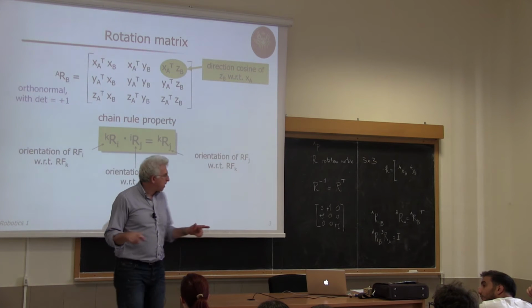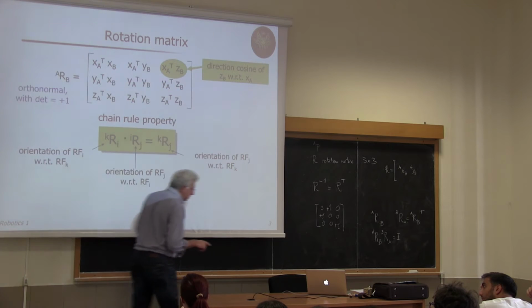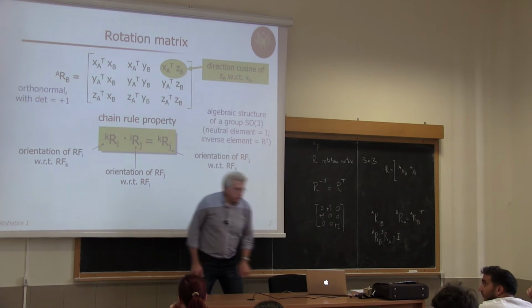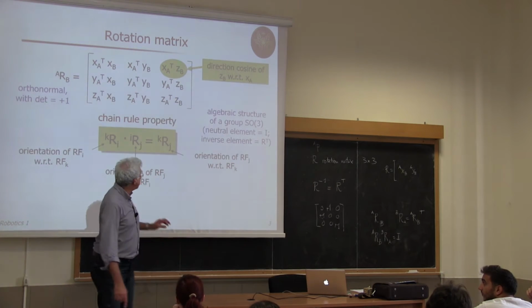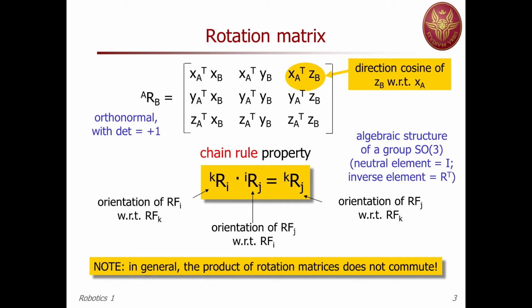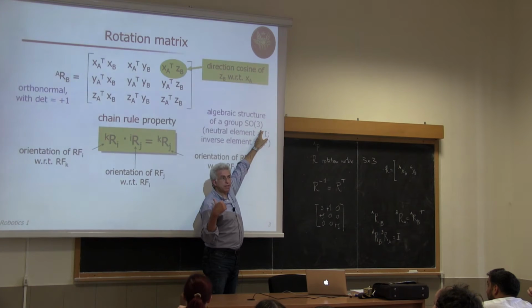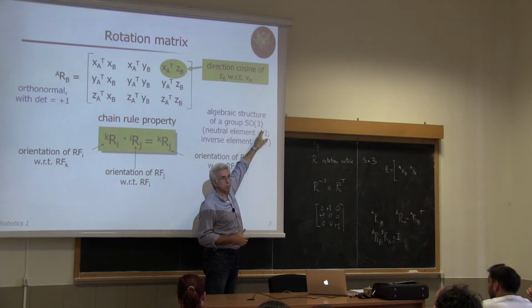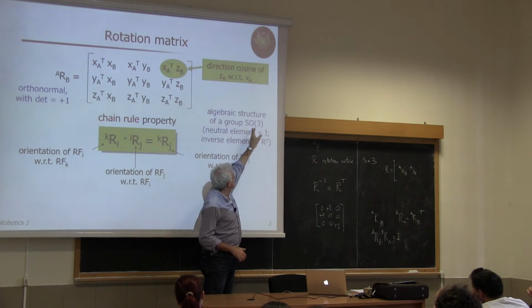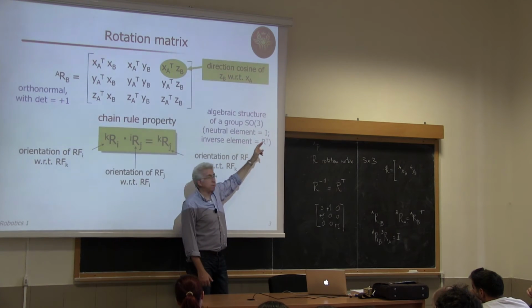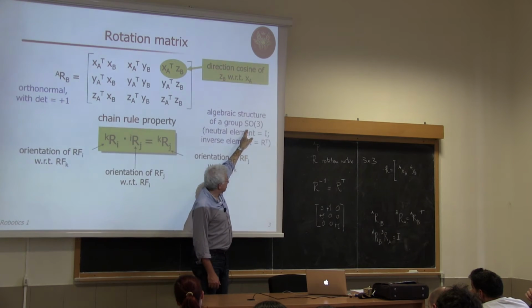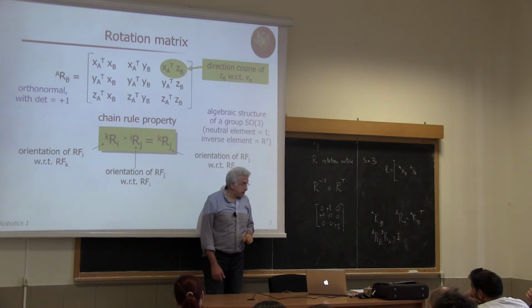Okay? So we have, in fact, the structure of a group, and this group is called the special orthogonal group of dimension 3. Dimension 3 is because these are 3 by 3 matrices. So you have in general the special orthogonal group of dimension n. It's orthogonal because this is made by orthonormal matrices, and it's special because it has the determinant +1.